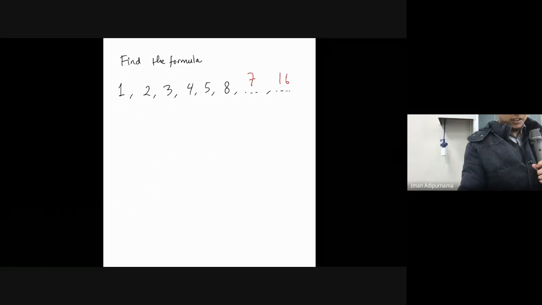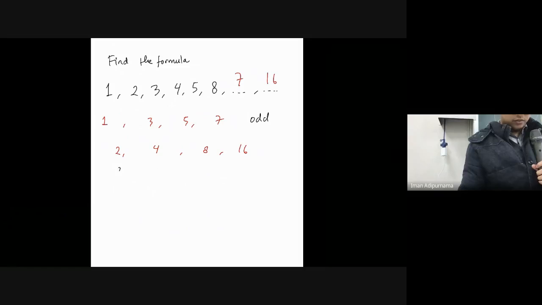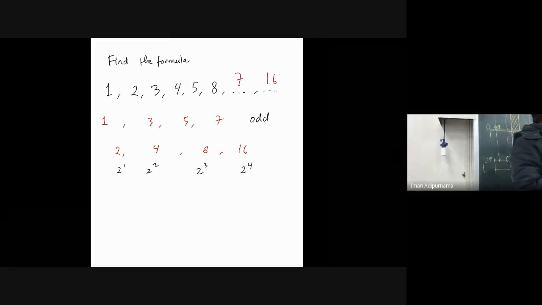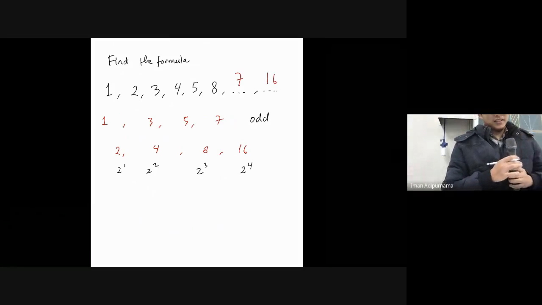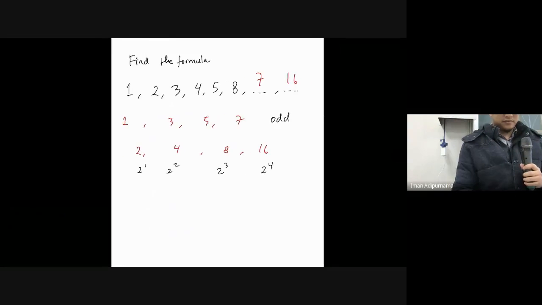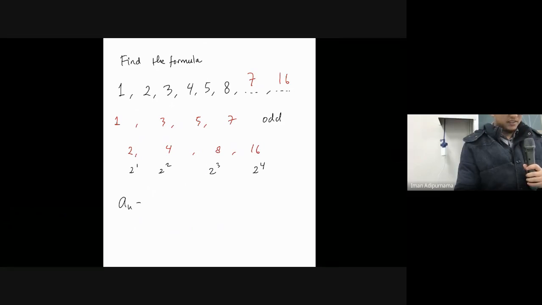You know why? Because this is the 1, 3, 5, 7, right? And the other is 2, 4, 8, 16. One is odd, the other is the even one, and it's 2. Okay. And what is the n? It's quite difficult.